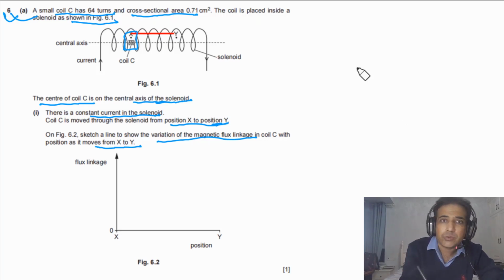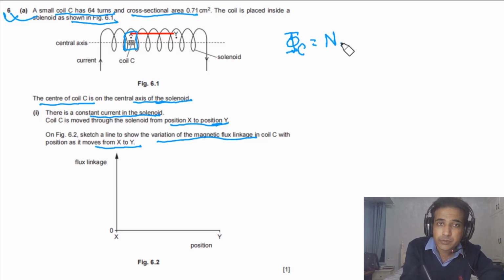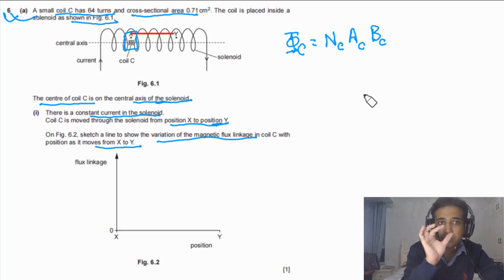So first of all, we need to understand magnetic flux linkage of coil C. So magnetic flux linkage of coil C will be equal to the number of turns of coil C, cross-sectional area of coil C, and the value of B, magnetic flux density. As this coil is placed inside the solenoid, the value of B is constant.